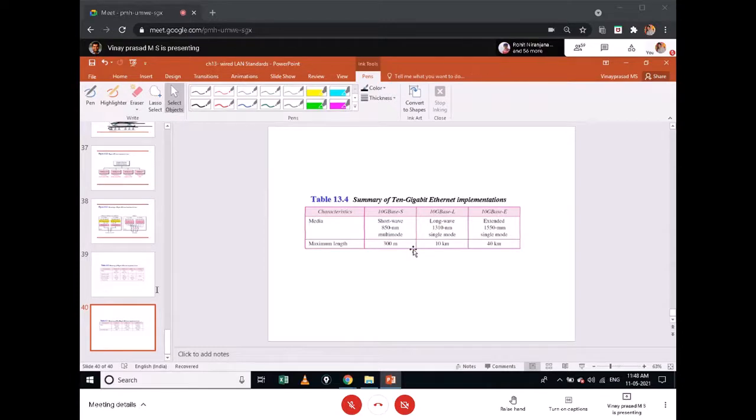It will also auto-negotiate with all other standards, and it keeps the frame format the same. It leaves the MAC layer specification untouched and uses the same 48-bit MAC address. It upgrades the data rate from 1 gigabit to 10 gigabit.